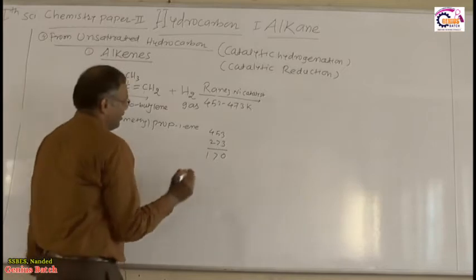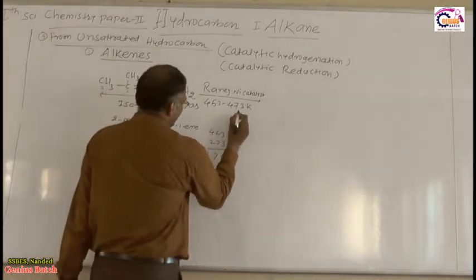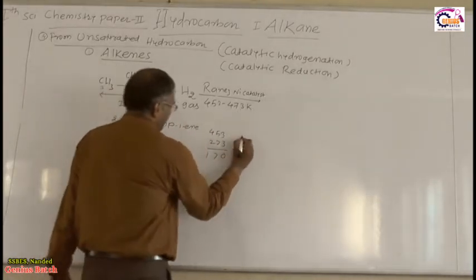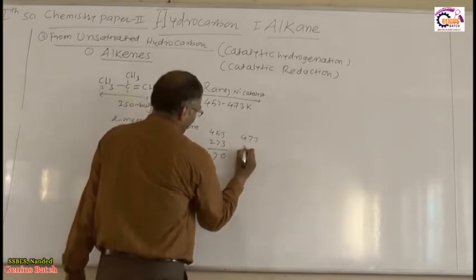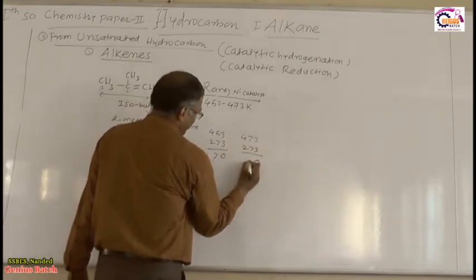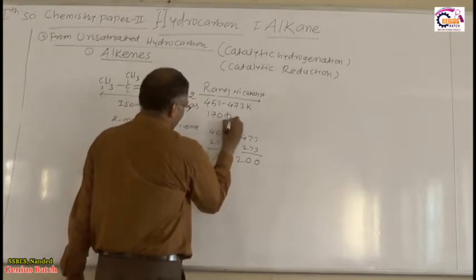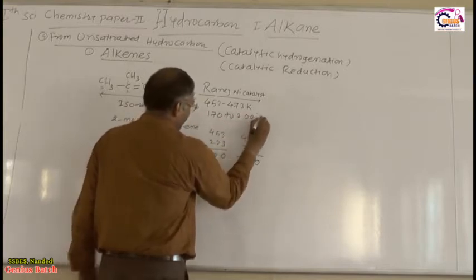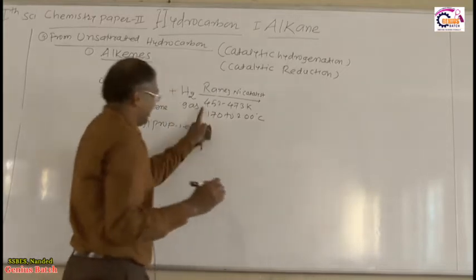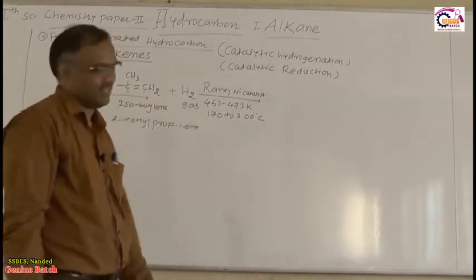Subtracting 273, that is about 180 to 200 degrees Celsius. So this is the Kelvin converted into degrees Celsius.